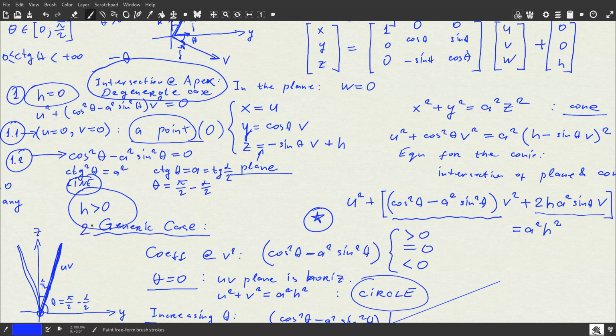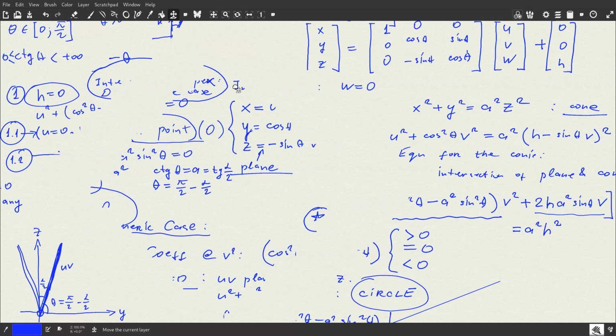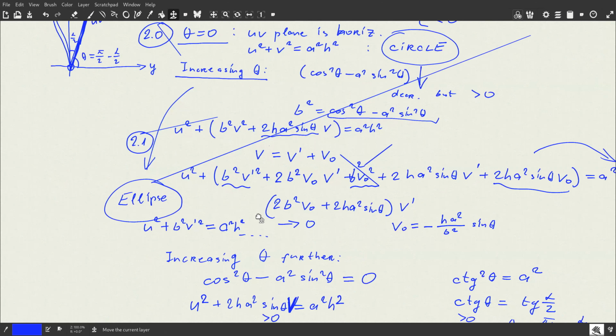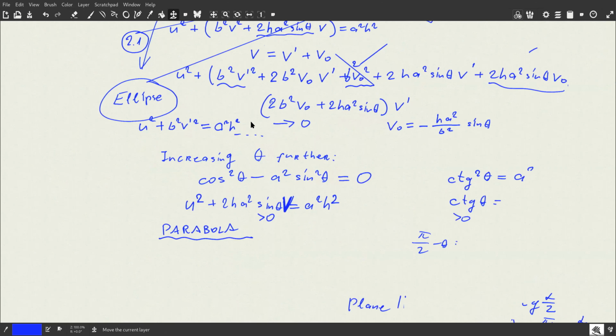Now, the generic case is case number 2. Let me call them 2.0: in the case theta equal to 0, a circle. 2.1: increasing theta but still having a positive coefficient, an ellipse.